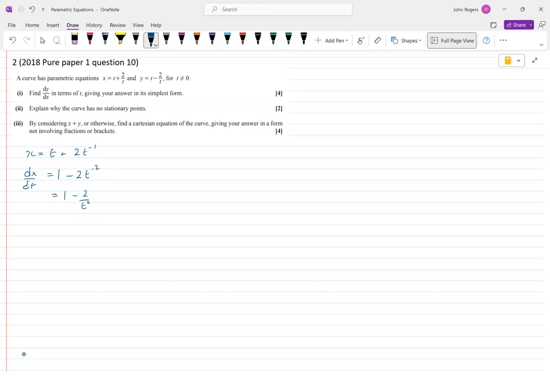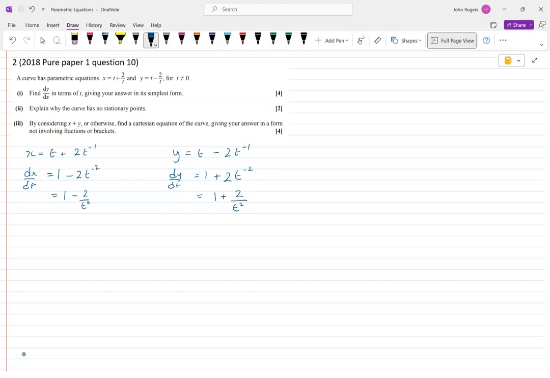And then y equals t minus 2t to the minus 1. Similar thing. So dy by dt is equal to 1 plus, because there's 2 minuses there, times it by the minus 1 gives us plus 2. Taking 1 off the power is 2t to the minus 2, which is equal to 1 plus 2 over t squared.